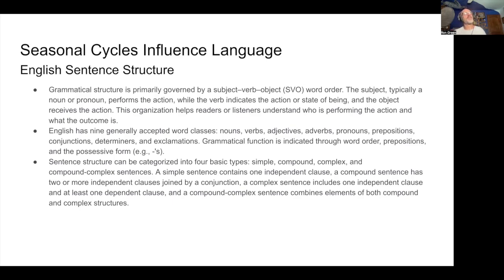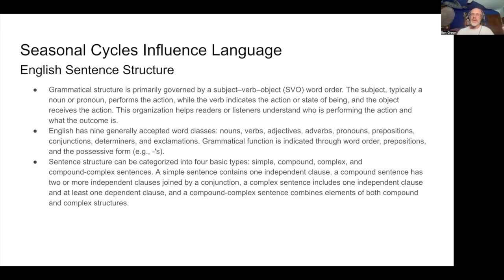When it's a plural possessive, you'd put the apostrophe at the end of the S. Sentence structure can be categorized into 4 basic types: simple, compound, complex, and compound complex sentences.